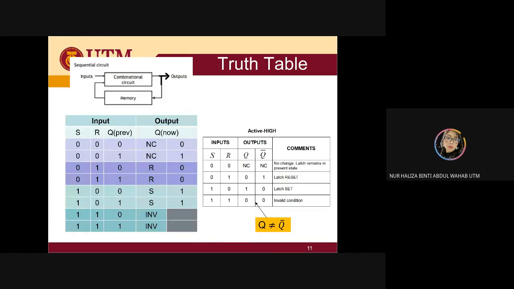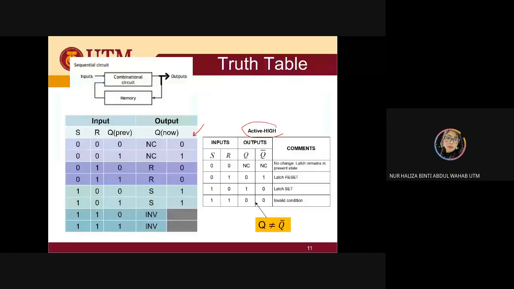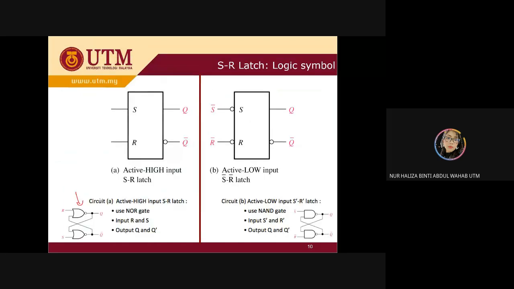Yesterday I already derived everything here. What you need to do is remember the table for active high and active low on this slide. And if you ask how come it can be like this, yesterday we already derived one by one all the inputs following the circuit given.